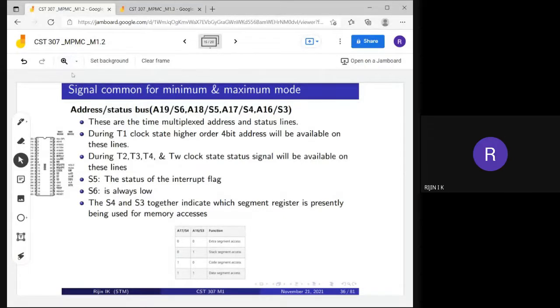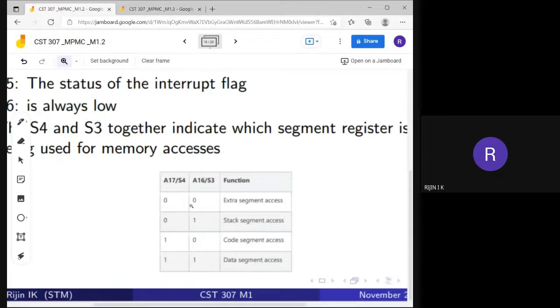Suppose S4 and S3 are 00, it means extra segment access; 01 means stack segment access; 10 means code segment access; and 11 means data segment access. So S3 and S4 are the status signals which indicate which segment register is used for memory access.